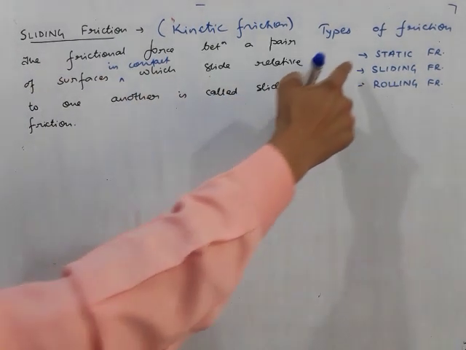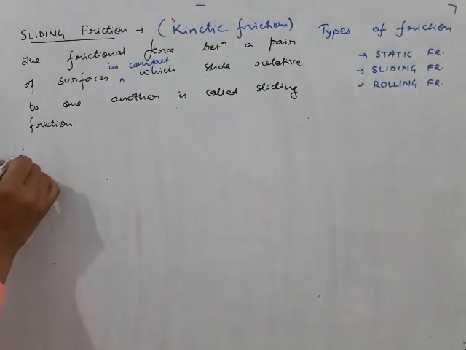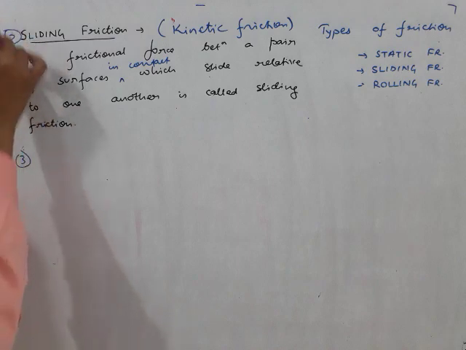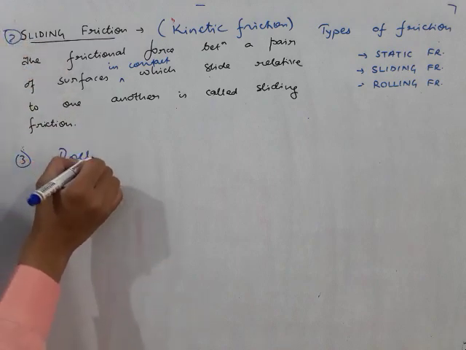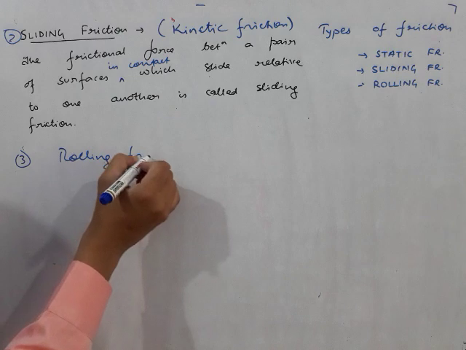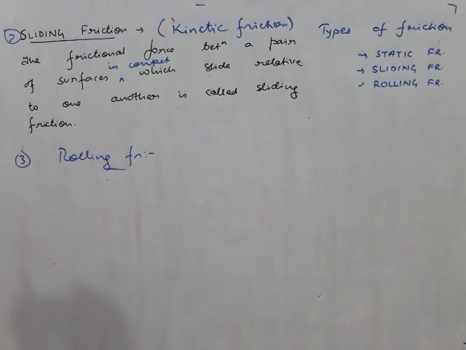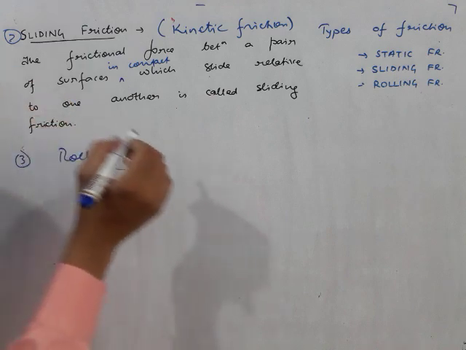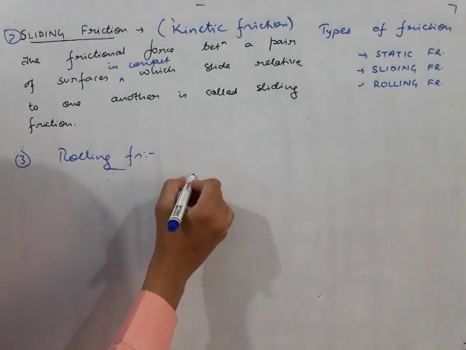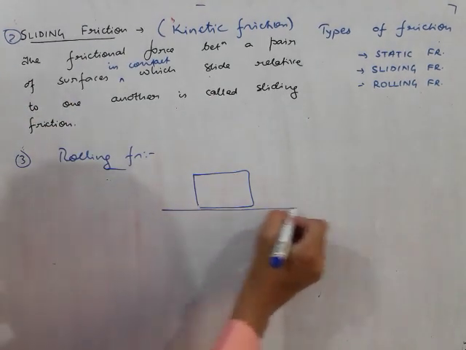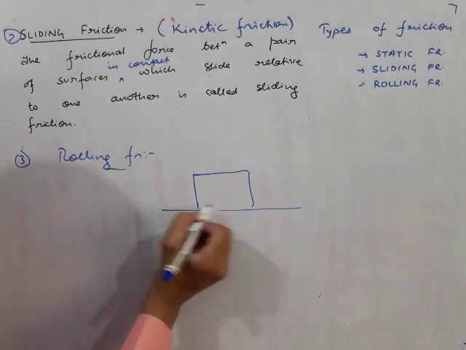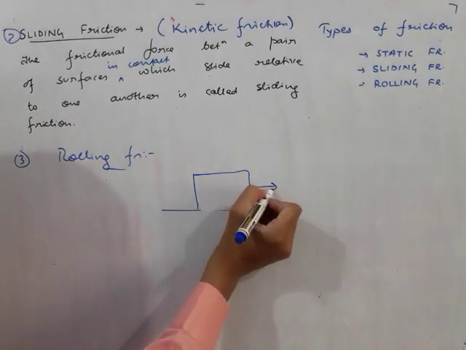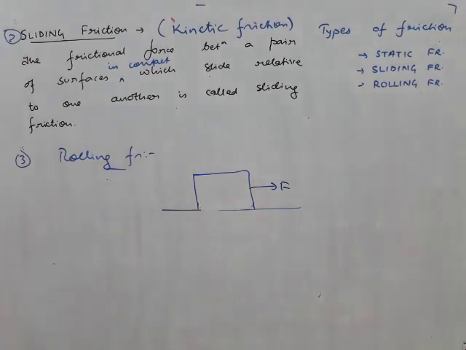So we have discussed till now static friction and sliding friction. The third type of friction is rolling friction. Students, you might have observed the example of the table which I discussed just now, that you have to move a table by applying some force onto the floor.